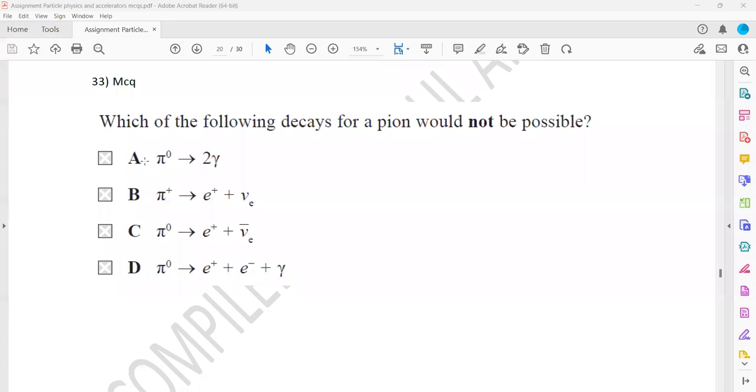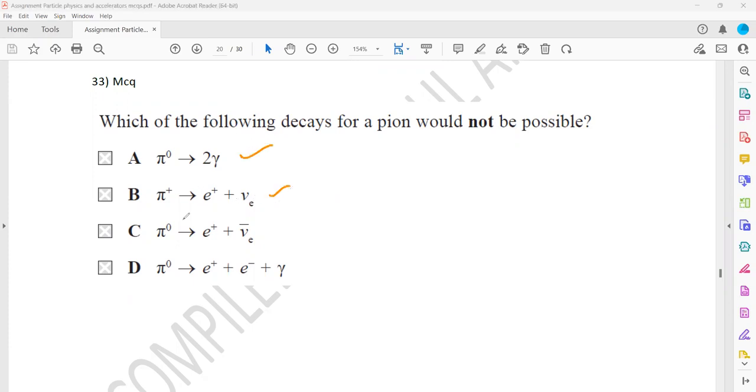In question 33, which of the following decays for a pion is not possible? When the pion is decaying, which is not possible for it? Here, the first one, when you check the conservation, two gamma particles are neutral, so charge is conserved.